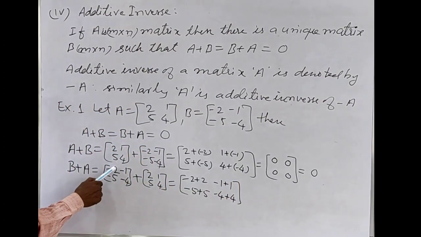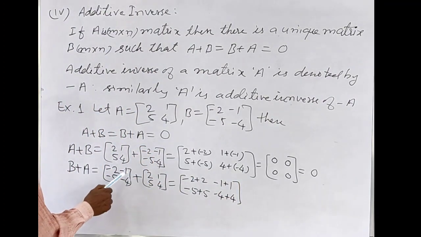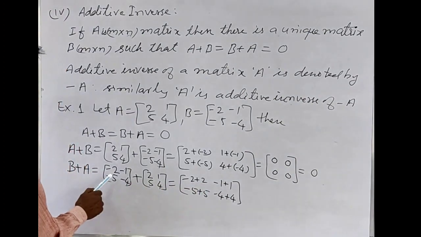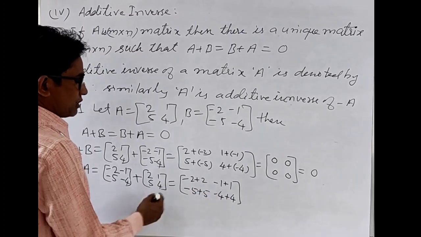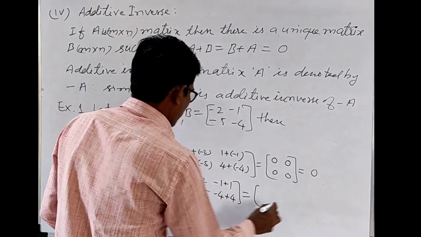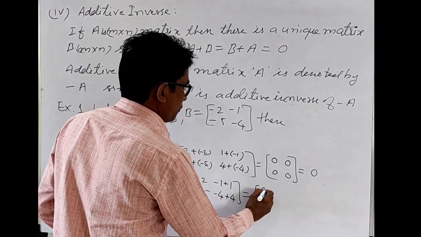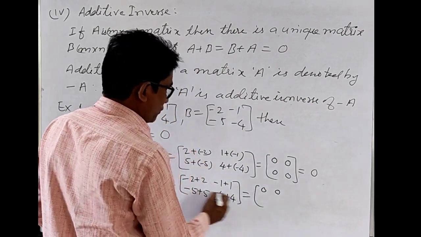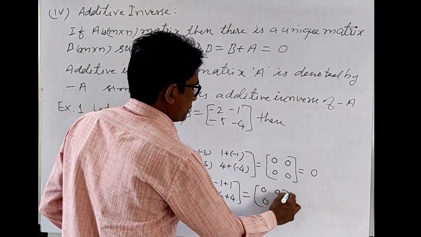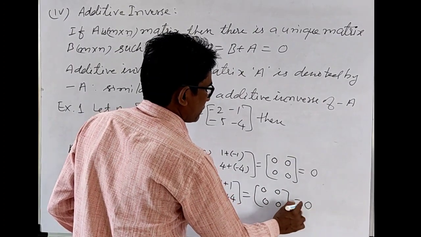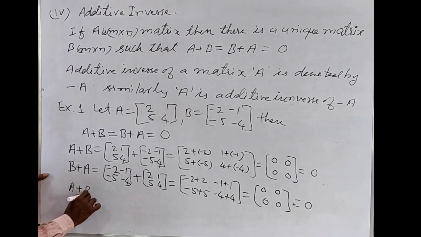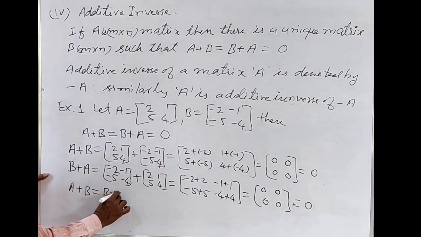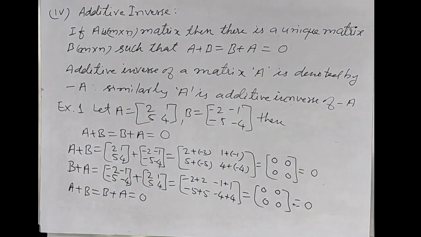So we get minus 2 plus 2 is nothing but 0. In the same way, this is also 0, this is also 0 and this is also 0. So what we got here? A plus B is equal to B plus A is equal to O. O means 0 matrix or null matrix.